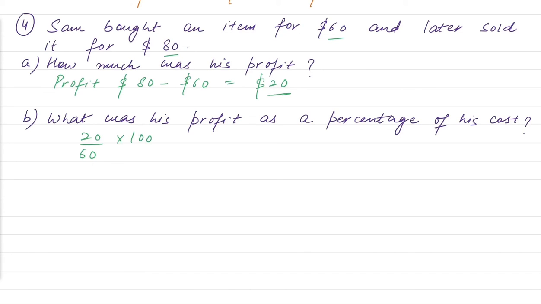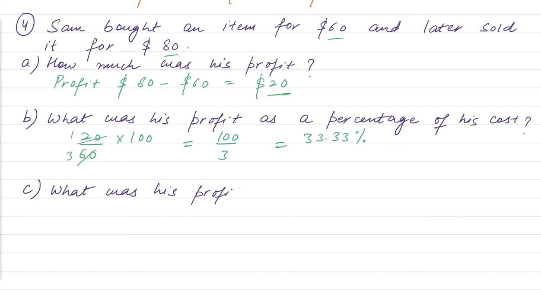If we need to find the percentage, we always have to multiply by 100. Now cut: 2 ones are 20, 2 threes are 60, which is 100 divided by 3. And 100 divided by 3 is equal to 33.33%.